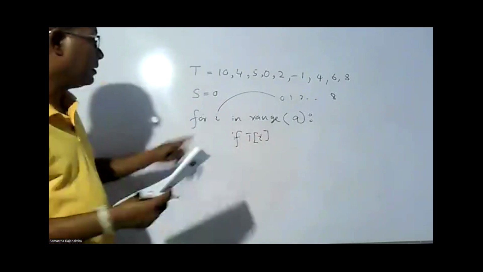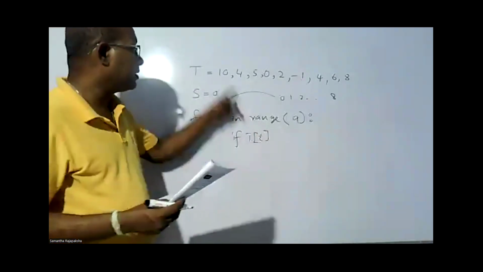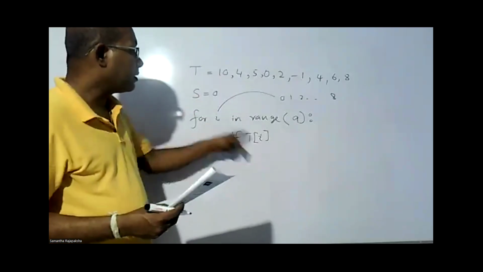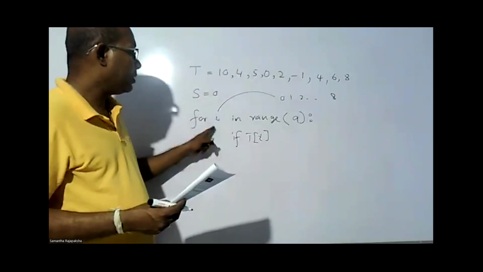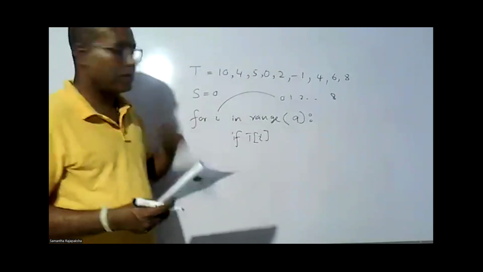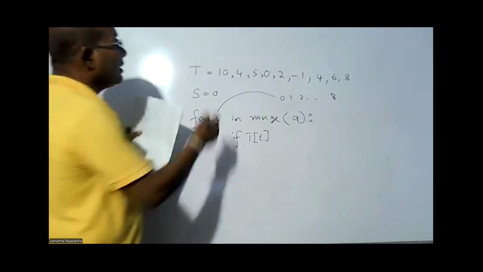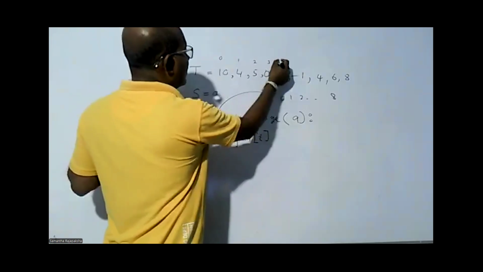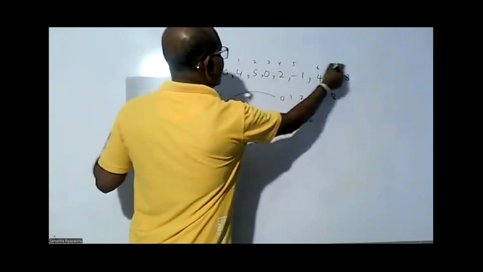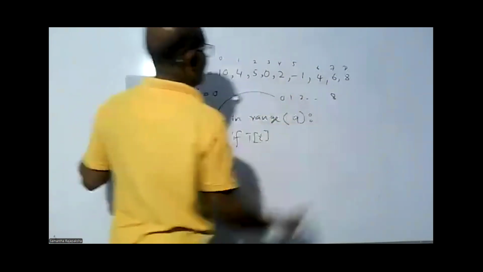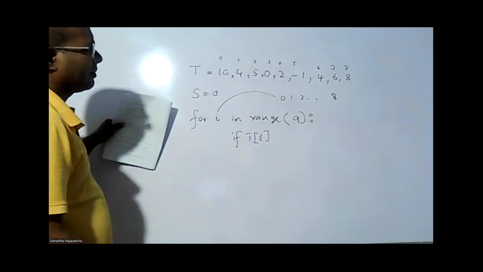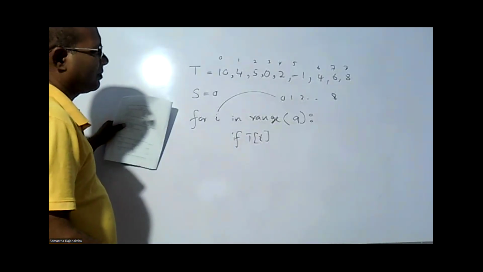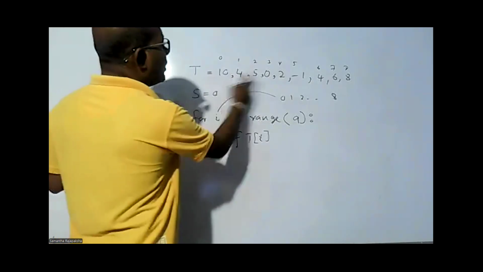When i equals 0, T0 means 10. When i equals 1, T1 means 4. Then T2, and so on. Each value has an index number 0 to 8.